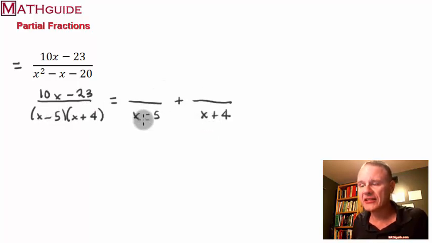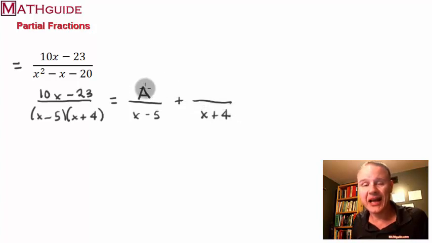You'll notice that this denominator is degree 1. I know you don't see it there, but there really is a 1. The numerator is always going to be 1 degree less. So if this is degree 1, I know the numerator is just a constant. It's got to be degree 0.